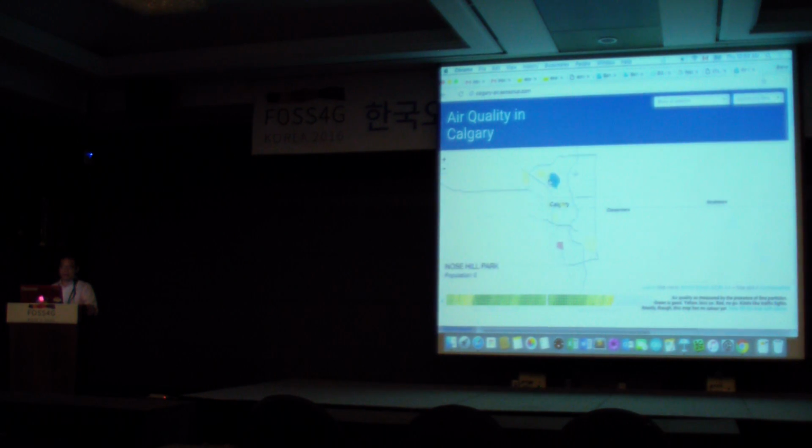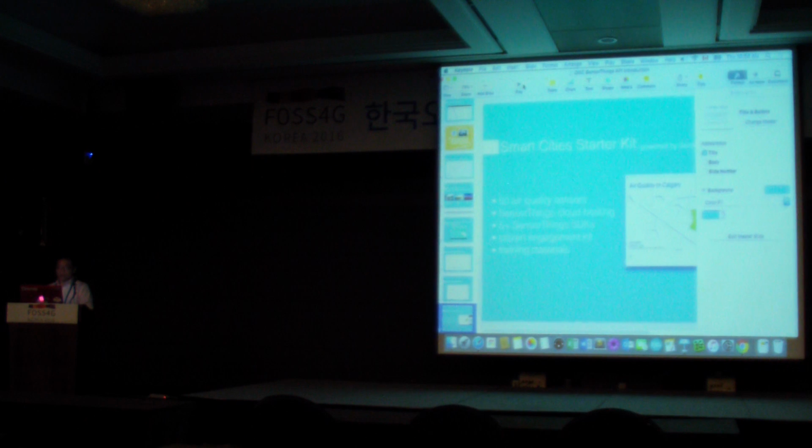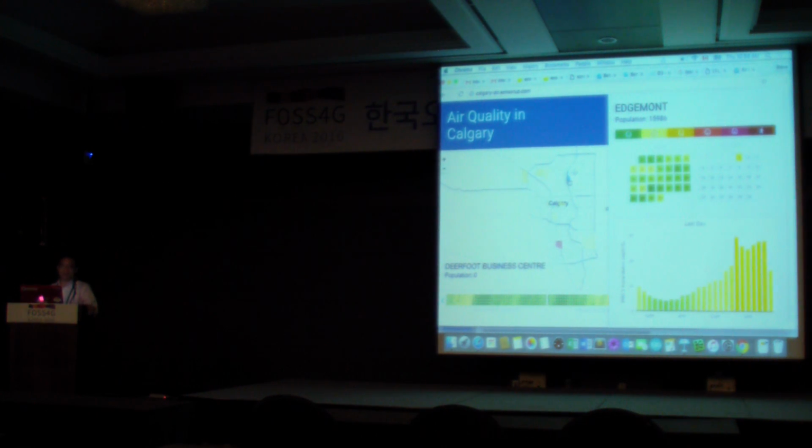Oh, by the way, this is my house. Today air quality is very bad in Calgary. Actually, this is quite non-moderate. So if you are sensitive to air quality, this is bad for you. But again, we are going to have more than 50 sensors in a month in Calgary, so we will have very interesting data.